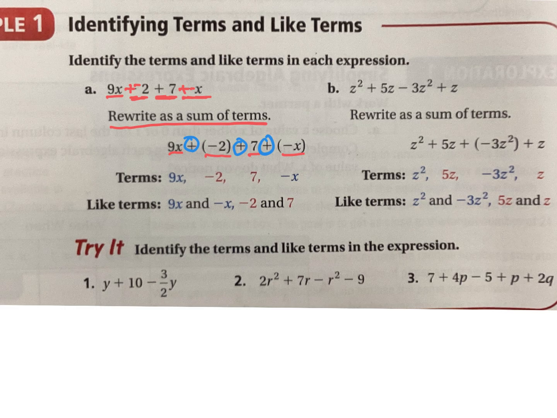Everything that is separated by a plus is called a term. So 9x is a term, negative 2 is a term, 7 is a term, and negative x is a term. So in this one you have 4 terms.